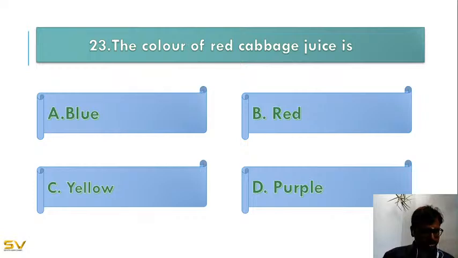Kanchana, option D. Chandana, option D. Niharika, option D. Sanjana, option D. So we will reveal that it's option D, purple. Yes, Rahul Manjunath, you typed option B, but option D is correct. It's purple in color, the color of red cabbage juice.